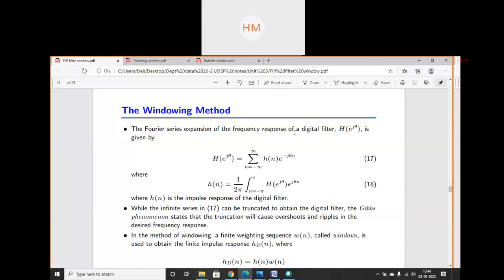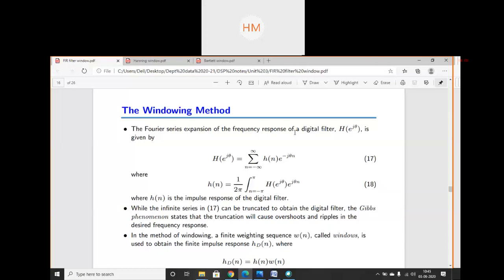In general, all the input signals have infinite series. To convert that infinite series into a finite one, we need some special techniques so that we can get a finite impulse response.